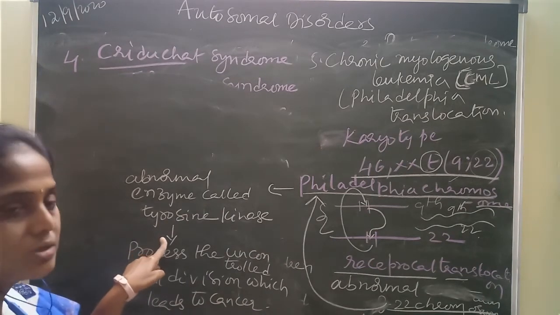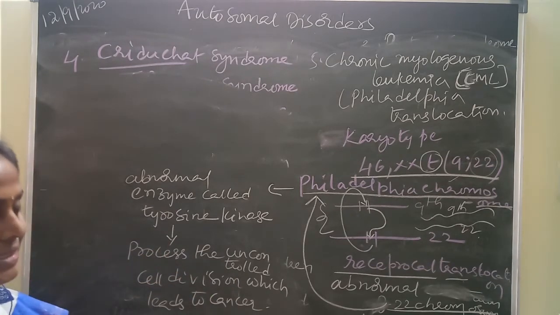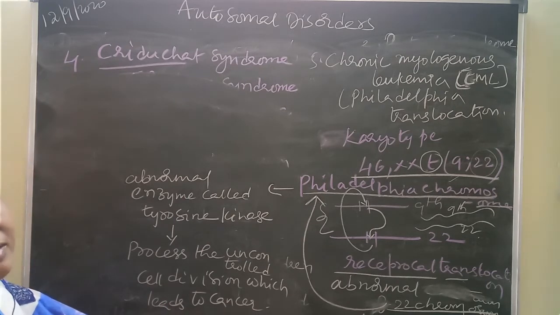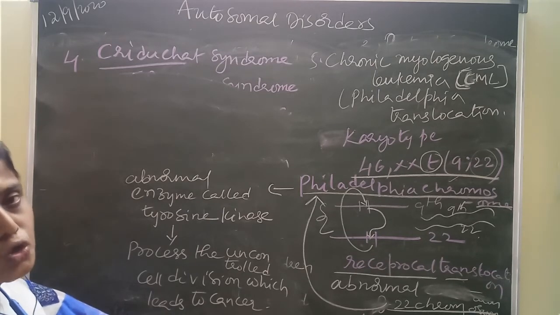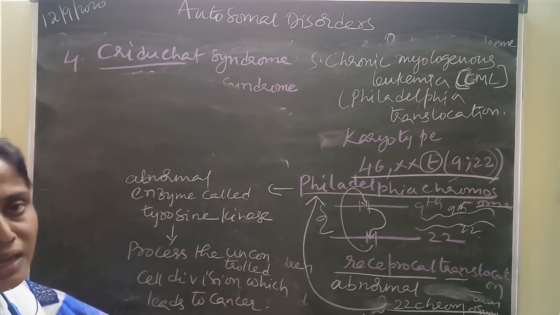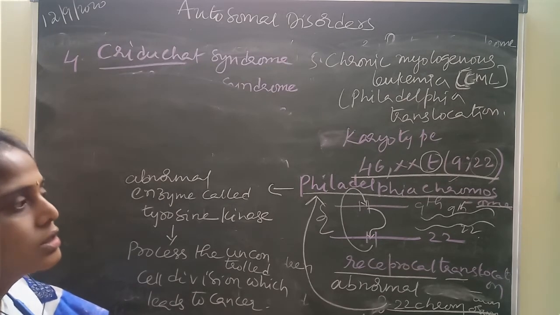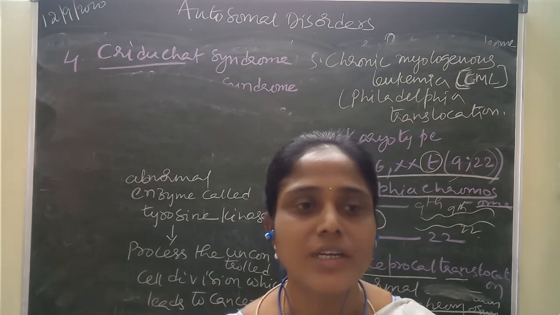In turn, this tyrosine kinase causes uncontrolled cell division, which leads to cancer. The type of cancer is chronic myelogenous leukemia, that is of WBC cells. Okay, so with this we have completed autosomal disorders.